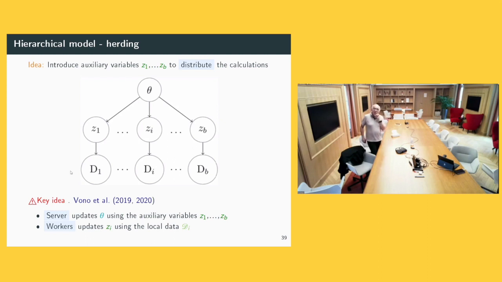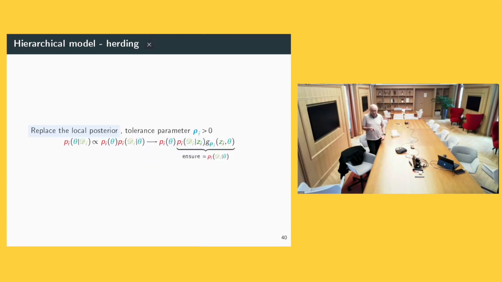What they use is something quite classical in Bayesian analysis: you introduce auxiliary variables. It's an idea you can also find in optimization. So you extend the model, taking auxiliary variables that I call Z_i, and D_1, ..., D_b are the local datasets. You use a kind of graphical model which can be written like that. You start from theta, and you introduce the local posterior.